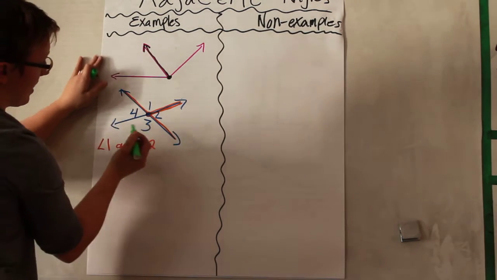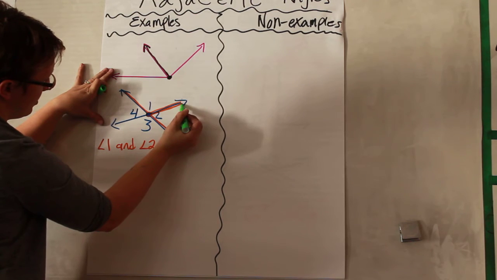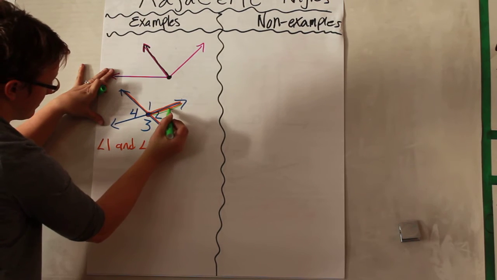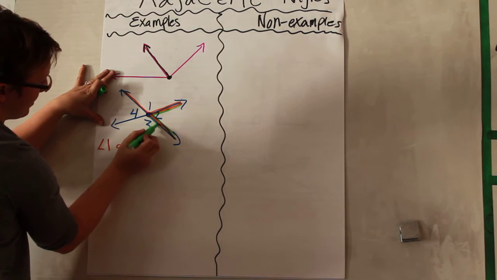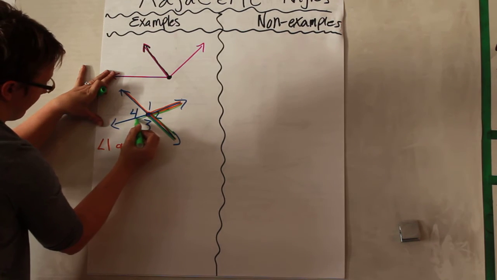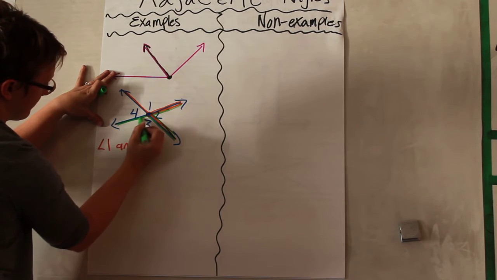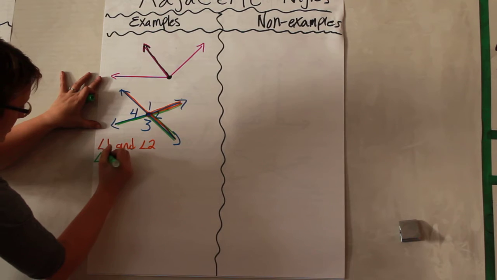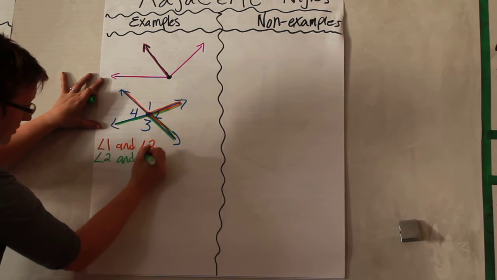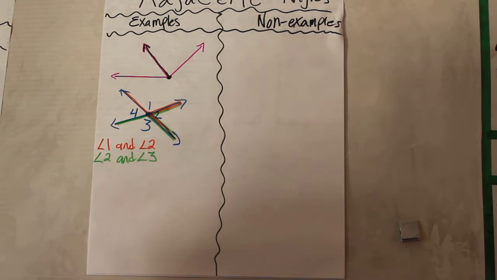Now, if we continue going this way, we see that angle 2 and angle 3 share a side. So angle 2 and angle 3 are adjacent.